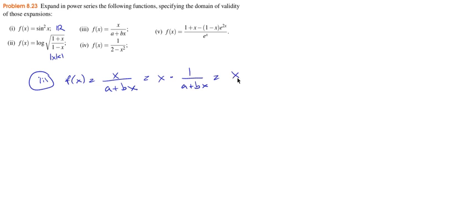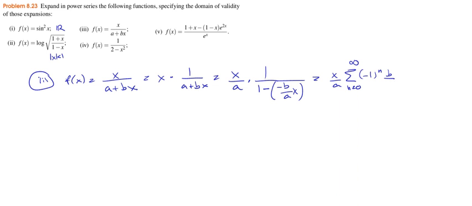Take common factor a here. So this is 1 divided by 1 plus b over a times x, or in other words 1 minus minus b over a times x. So this is x over a, the sum from n equals 0 to infinity of minus 1 to the n, b over a x to the n.